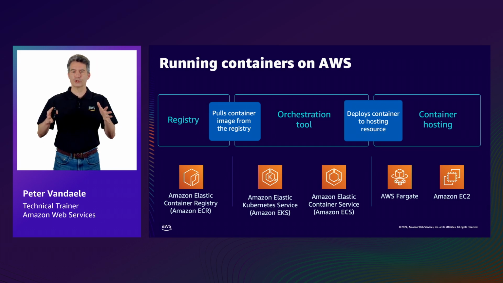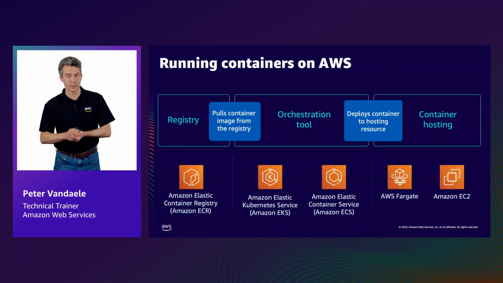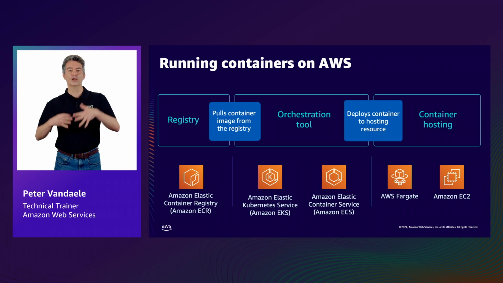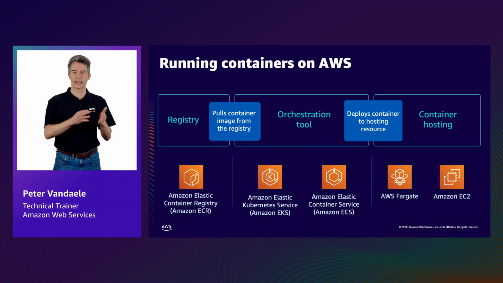You push your images to a repository and pull those images from the repository when you want to actually deploy containers. The service that helps in storing your container images is called the Amazon Elastic Container Registry, or ECR.